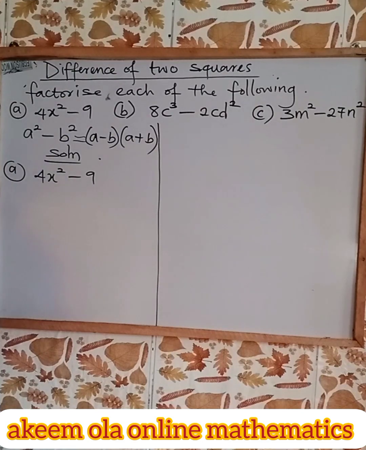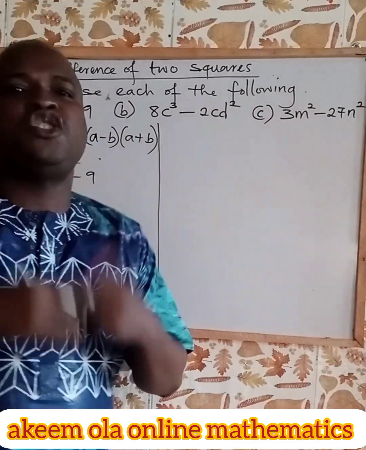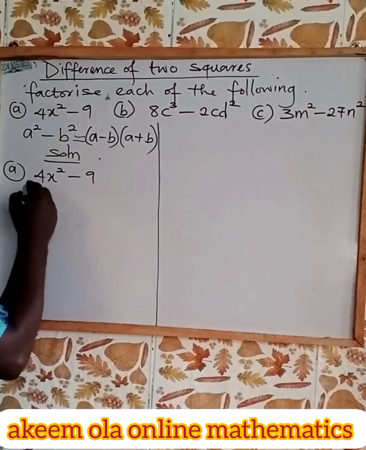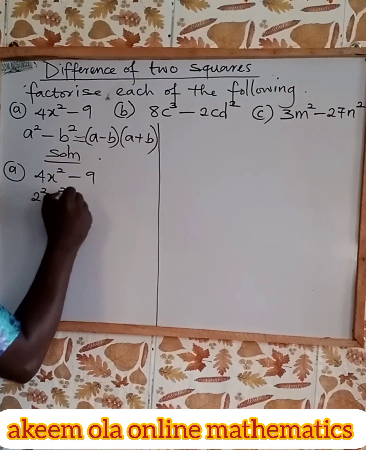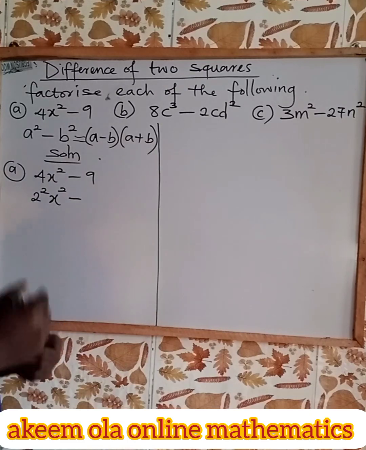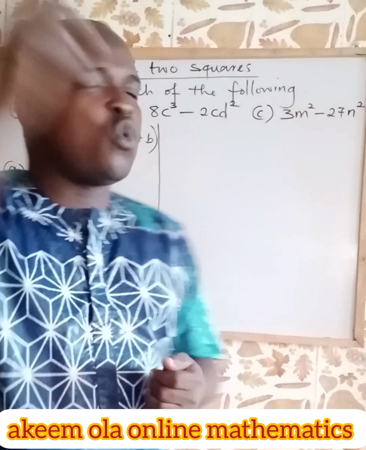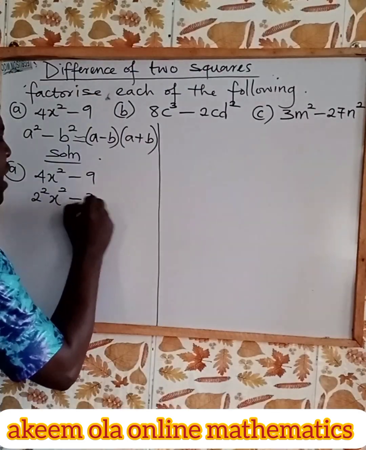If you look at the first one, you will notice that 4 is 2 times 2, so our 4 is 2 squared, and we already have x squared here. Minus 9 is 3 times 3, which is 3 squared. So we also have 3 squared here.